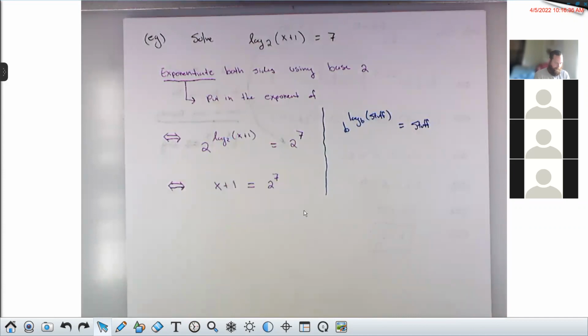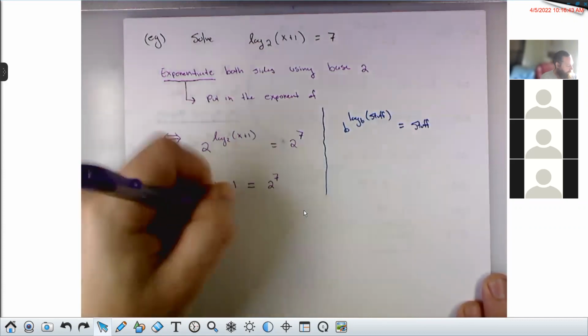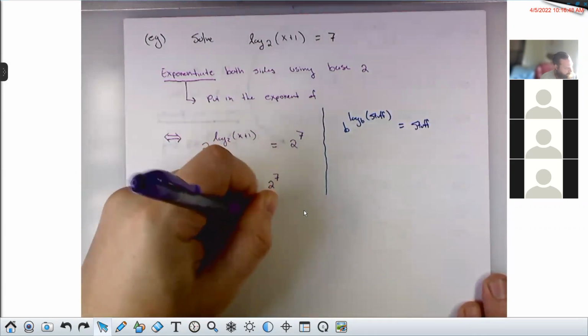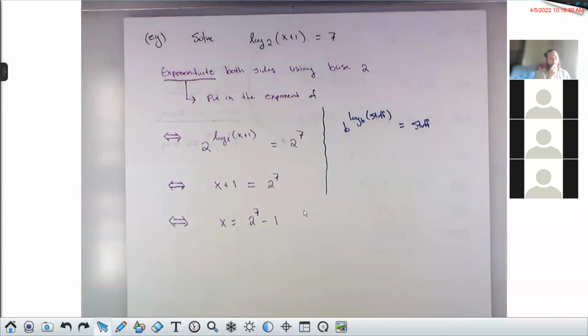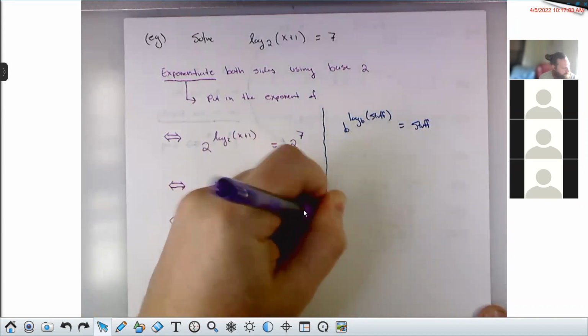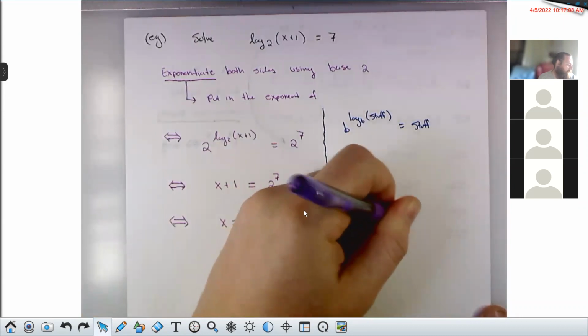Well, that gets me here. Great. Now all I have to do is subtract the 1. It happens to be the case that 2 to the 7 is 128. So this is 128 minus 1, or 127.